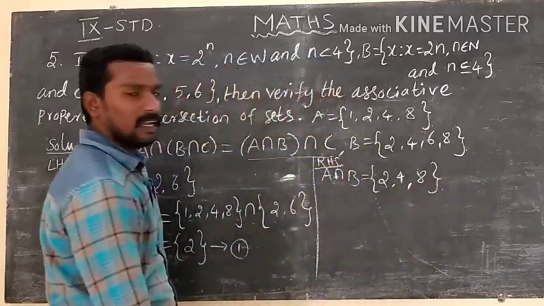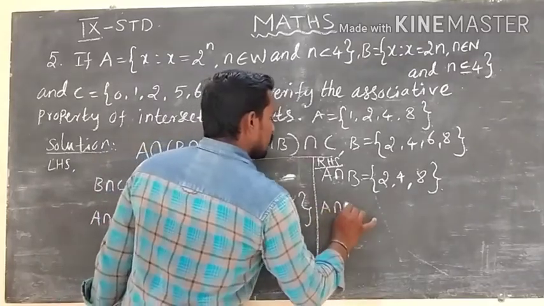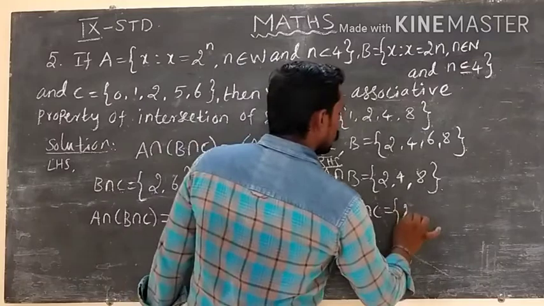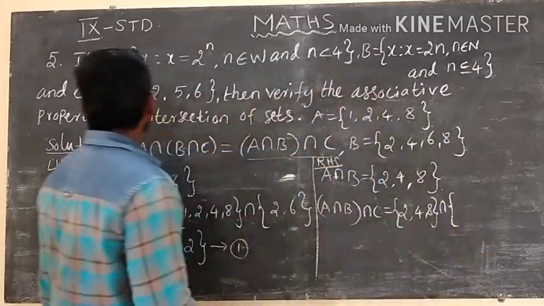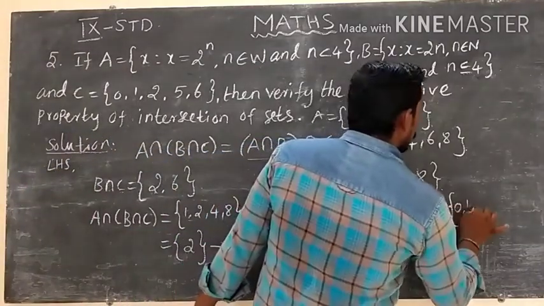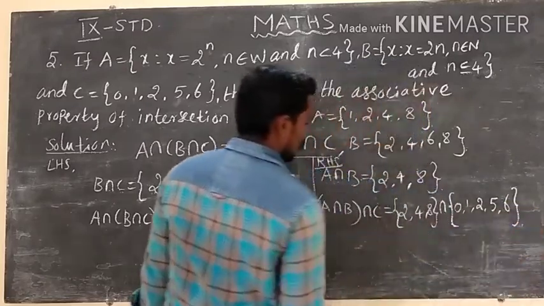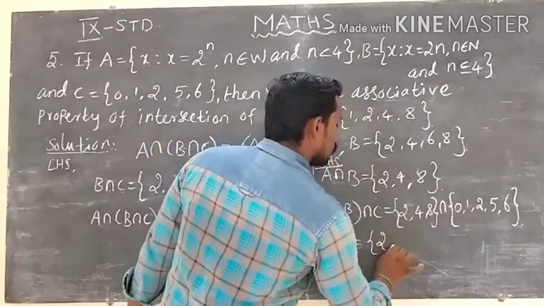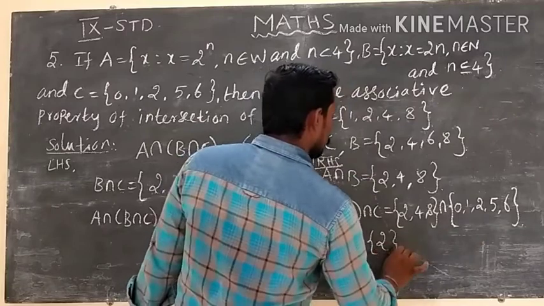These three numbers are the only common elements of A and B. Then find the intersection with C, whose values are 0, 1, 2, 5, 6. Then the common element is 2. 4 does not appear, 8 does not appear.